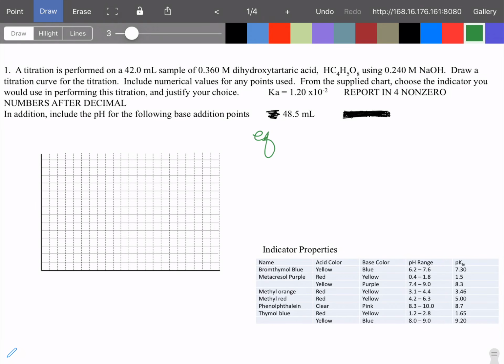All right, so when we do a titration, the first thing we need to start with is we need to figure out what the equivalence point is. Now, this is when the moles of acid equal the moles of base.